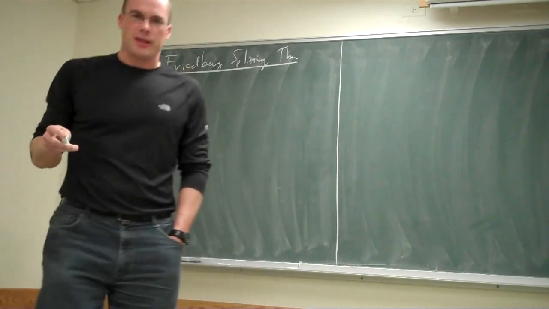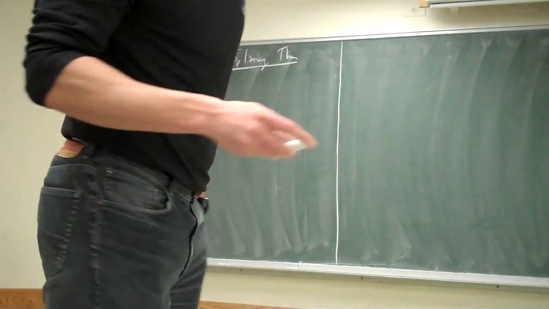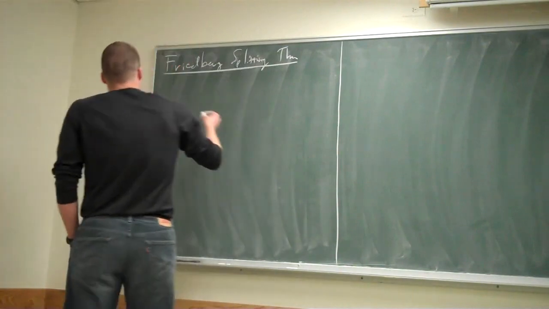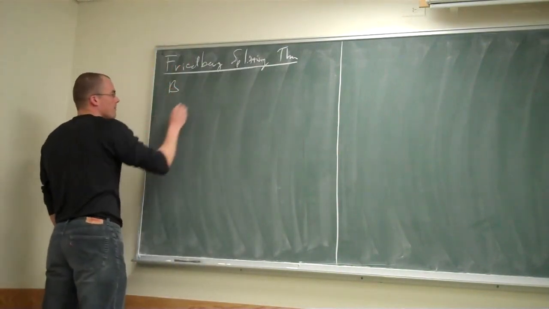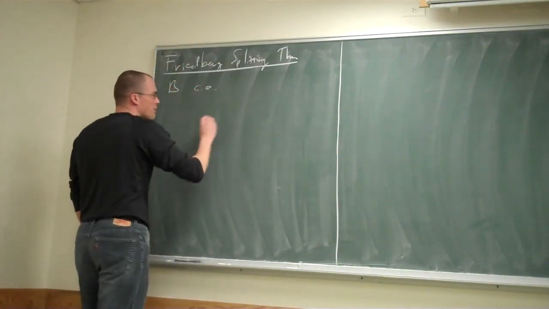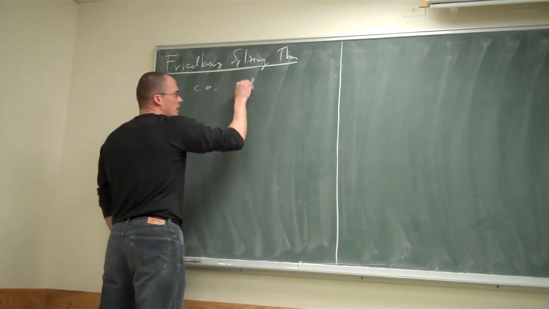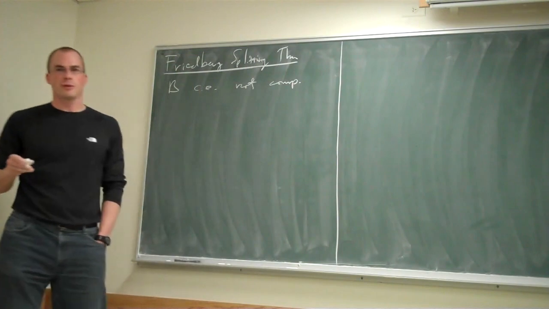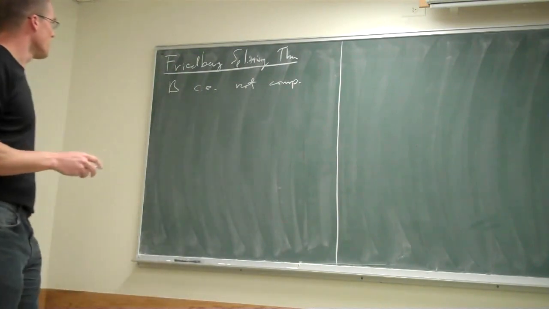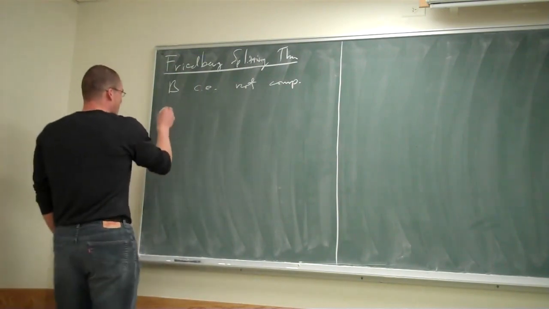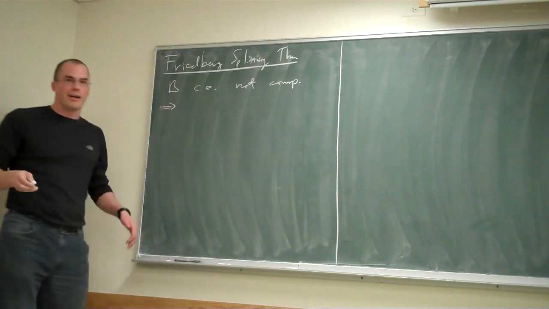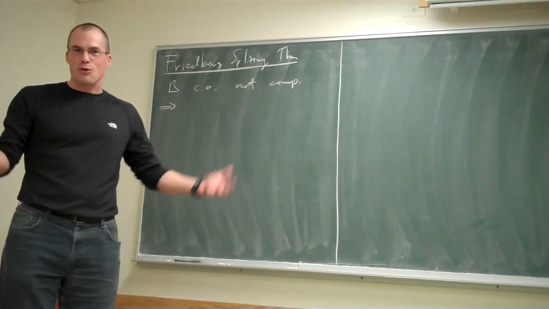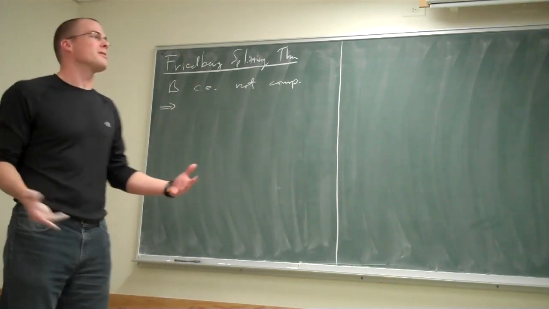And what the Friedberg splitting theorem says is that if you have B computably enumerable, not computable, then you can split B into two parts with those same properties.